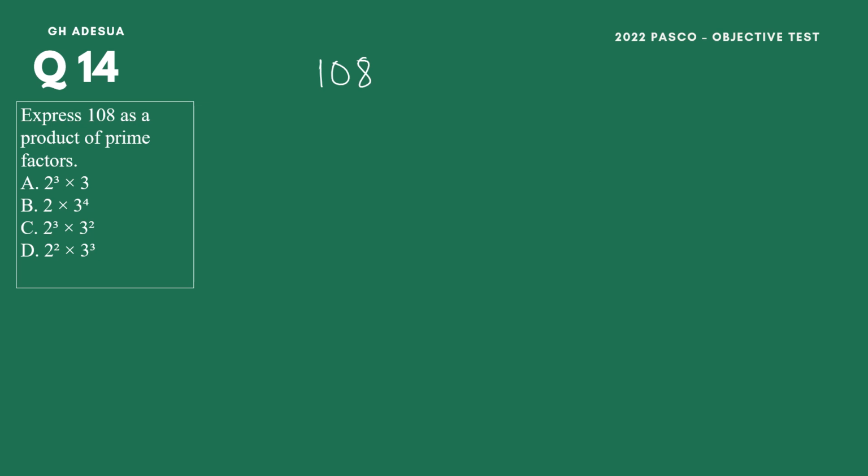Now, the first step we are going to do is to divide 108 by 2, since 108 is an even number. So we have 108 divided by 2, which is clearly going to give us 54.